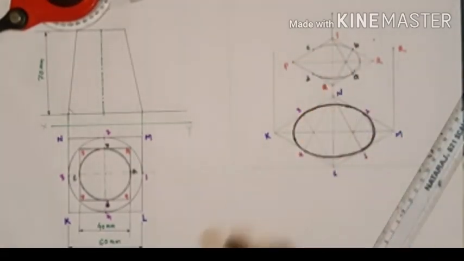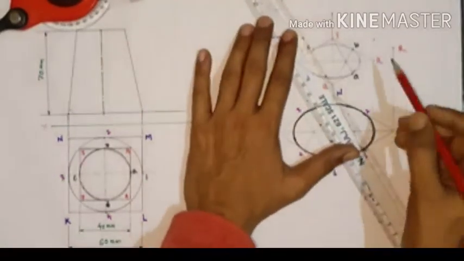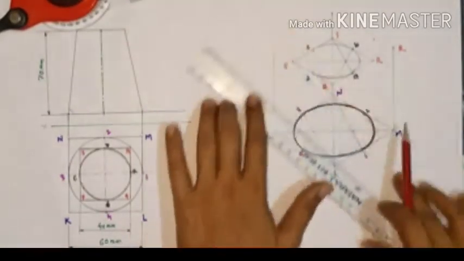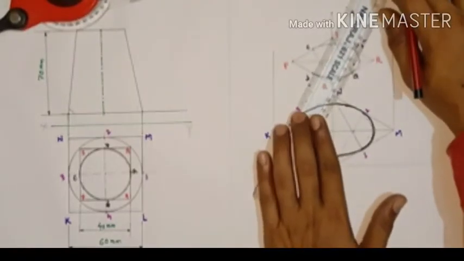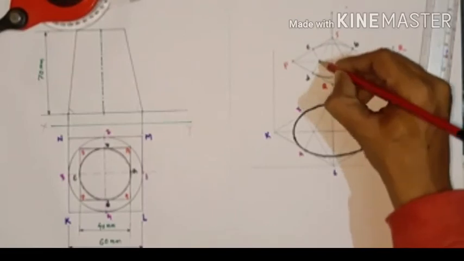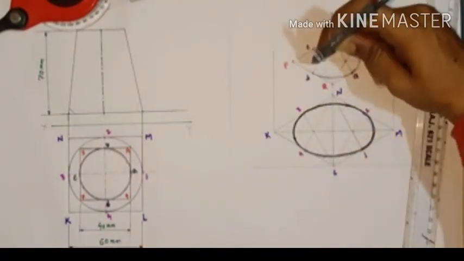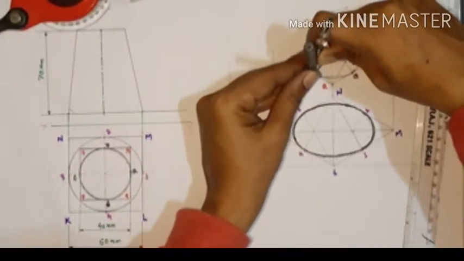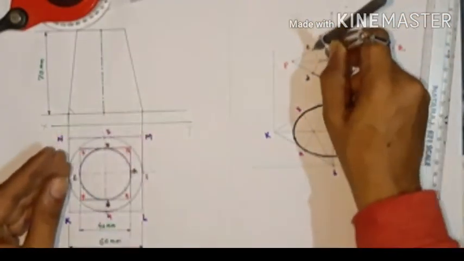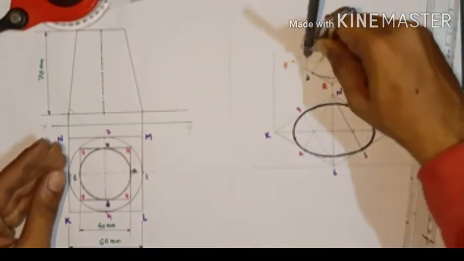Now the same thing happens here. So joining C with Q and D with S, and they also have a midpoint like this. Now taking the arc of this and joining these two like this.